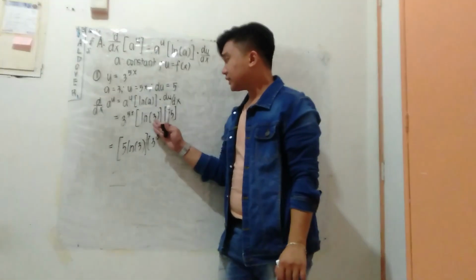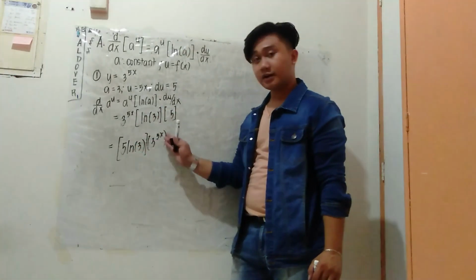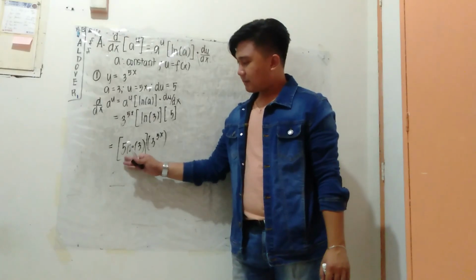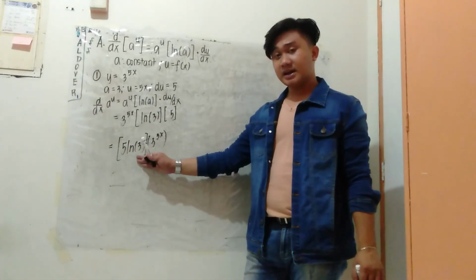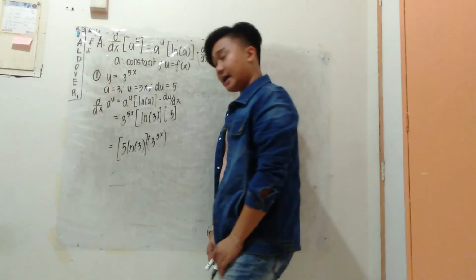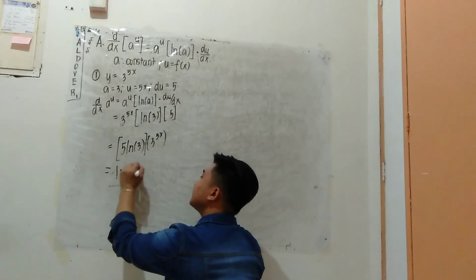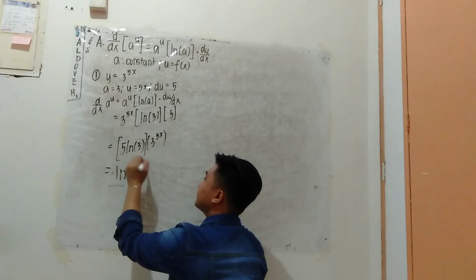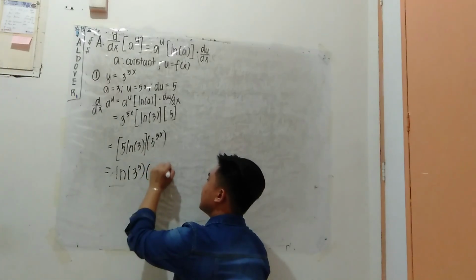Baka ang gawin nyo ay yung 3, i-multiply nyo sa 3 raised to 5x. Hindi po ganon. Pero, di ba property lang to ng logarithm? Yung n log m, magiging log of m to the n. So, this will become ln of 3 raised to 5 times 3 raised to 5x.